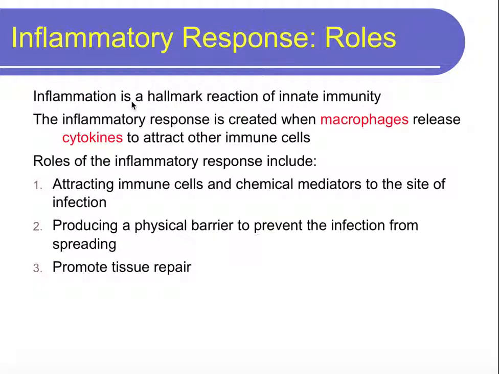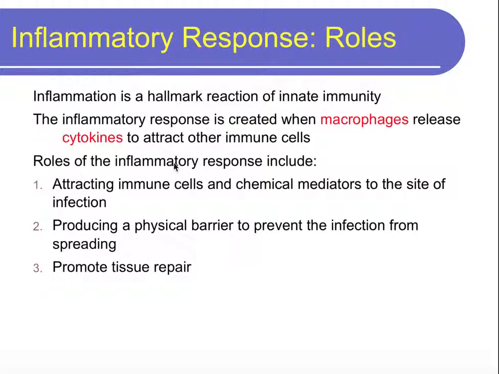So I said the inflammatory response is part of innate immunity. It's a hallmark reaction of innate immunity, and it's created when our macrophages release those cytokines. Remember, the macrophage phagocytoses the pathogen, but to let others know that it found a pathogen and there's probably more in the area, those cytokines will attract more immune cells to the area.